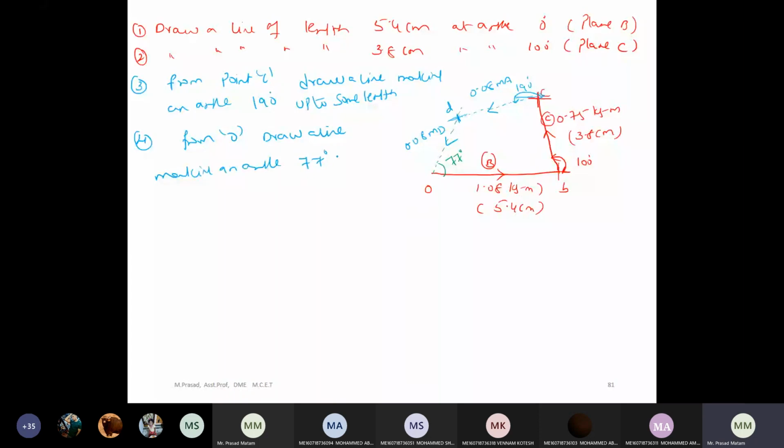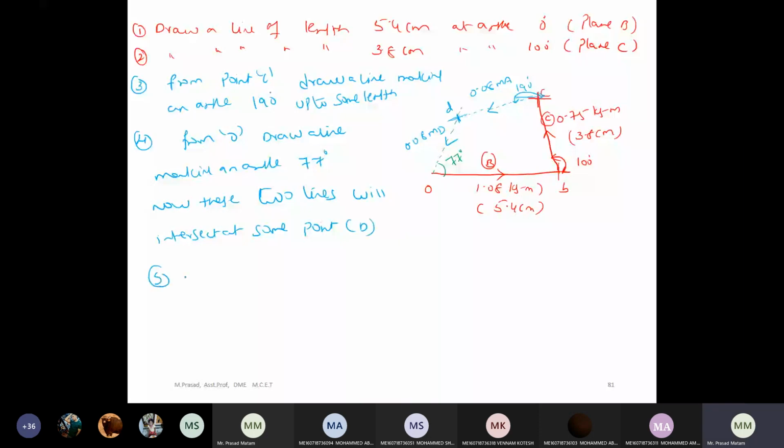Okay. Now these two lines will intersect at some point. Look at that point as D, at some point D.